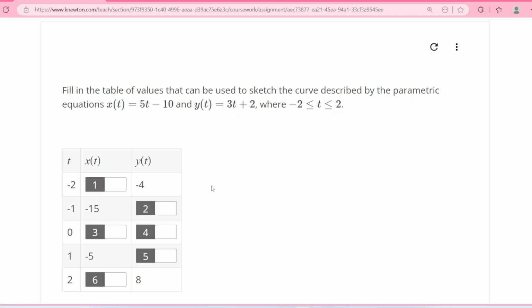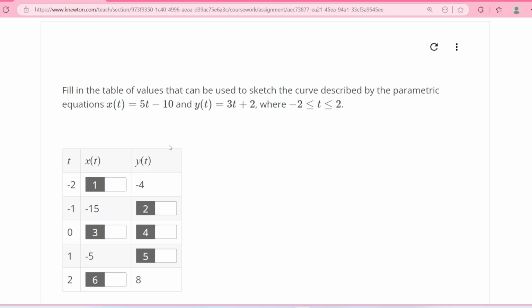And when you're working on this in Knewton Alta, you see these 1 through 6 here. You're going to be asked to fill in the blanks, numbers 1 through 6, for the particular table given. So you see in this table a value of t. T is the independent variable. It's its own column here. And you've got values -2 to 2, where they just keep increasing by 1. The value of x of t, the value of y of t for each of these 5 values of t.